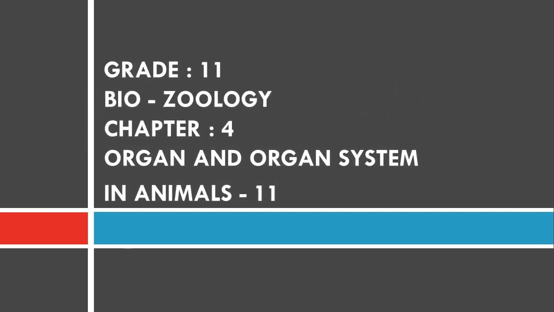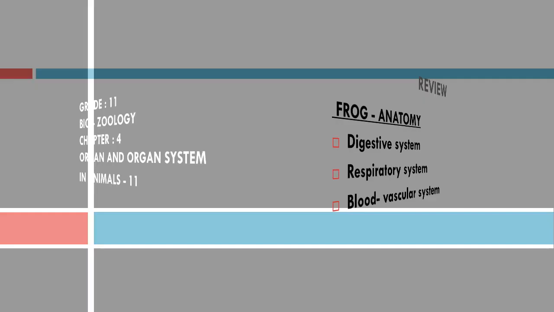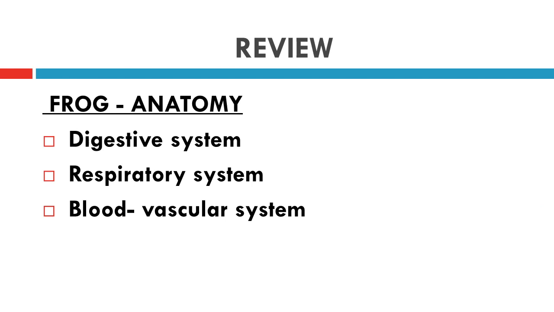So today we are going to discuss chapter 4, organ and organ system in animals. In the previous sessions, we discussed the same chapter, and in the last class we discussed the anatomy of frog, and accordingly we have seen some systems of the frog, that is digestive system, respiratory system as well as blood vascular system.